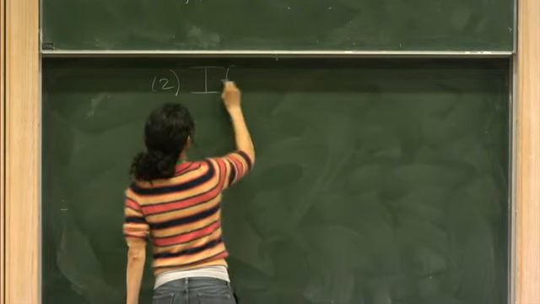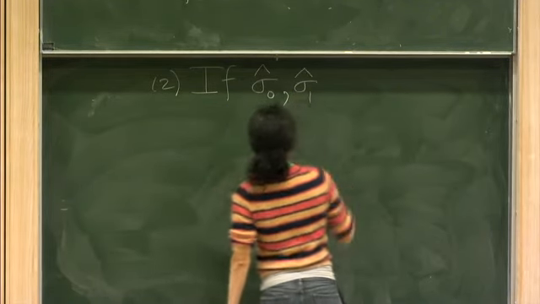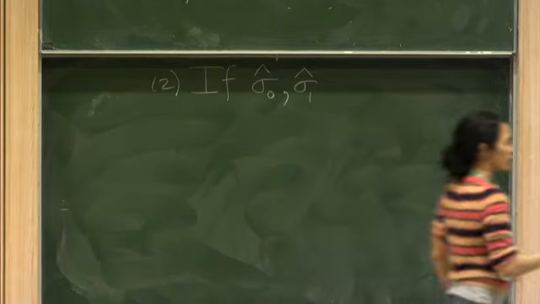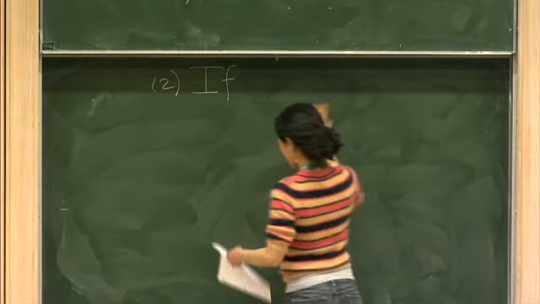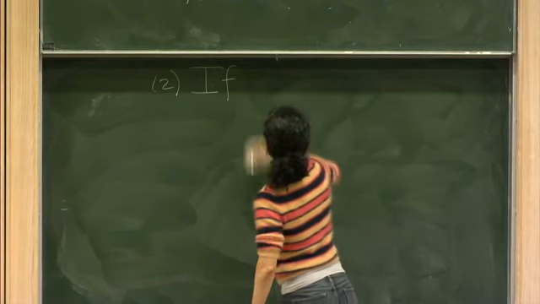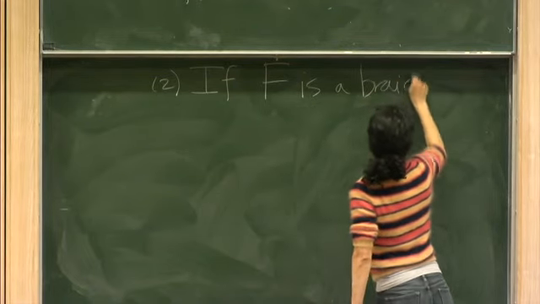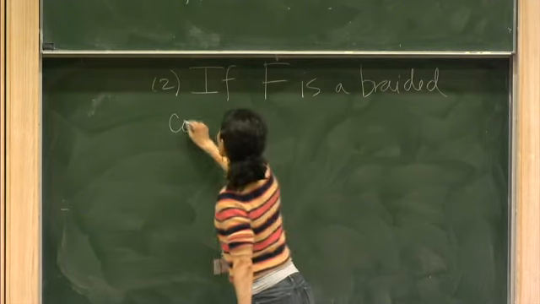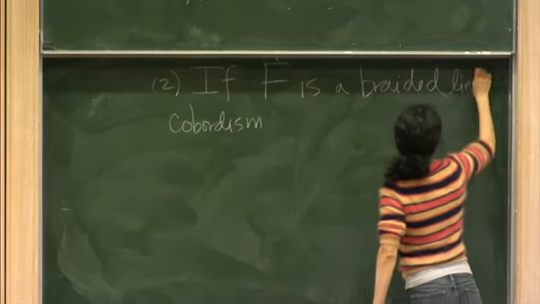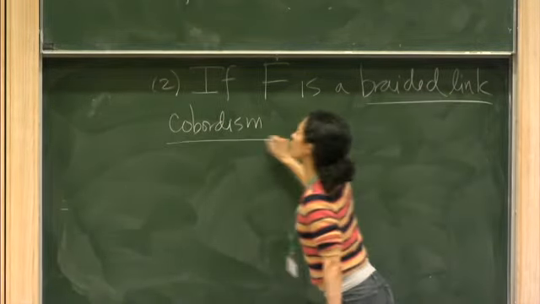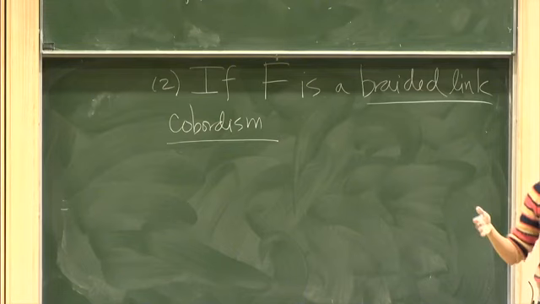is that if F is a braided cobordism, and I'll explain what that means. A braided link cobordism is just a link cobordism whose regular slices are braid closures.